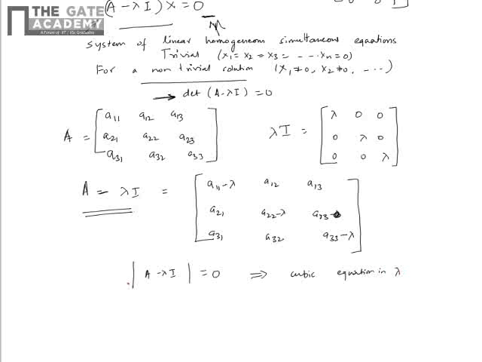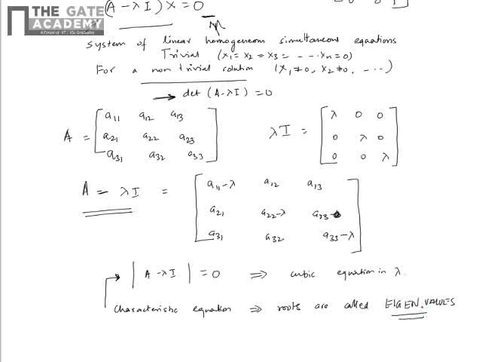In the mathematics literature, this is called the characteristic equation, and the roots are called the eigenvalues. This is just from the mathematical point of view. As for application, I told you about it from the mechanical point of view. So the roots are basically the eigenvalues.